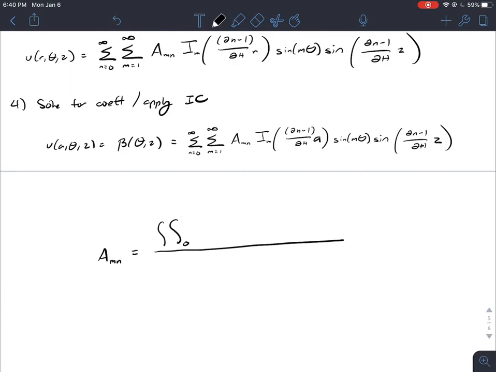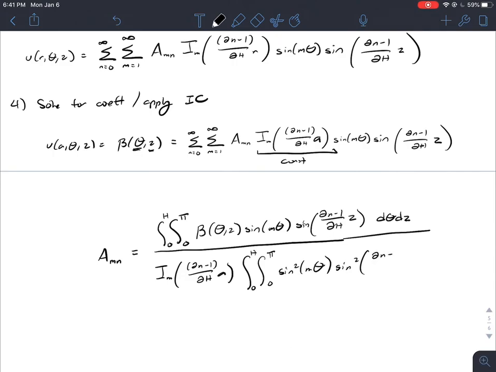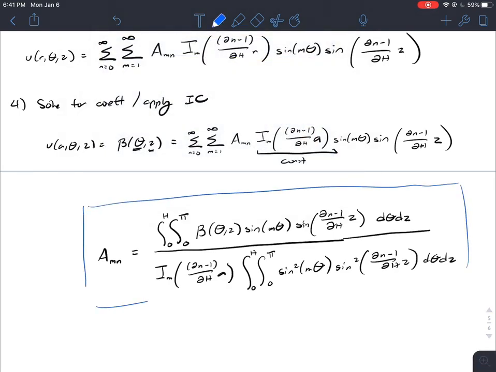So there's going to be a double integral from 0 to pi, and then from 0 to h, since we're integrating over theta and z, of beta of theta, z times sine m theta times sine of (2n minus 1) over 2h z, d theta dz, over, so this is going to be a constant now because we're evaluating at a specific radius, I of m times (2n minus 1) over 2h a, over the double integral again, of sine squared m theta sine squared (2n minus 1) over 2h z, d theta dz. And that should be your constant coefficient.